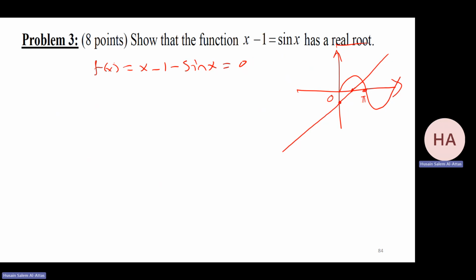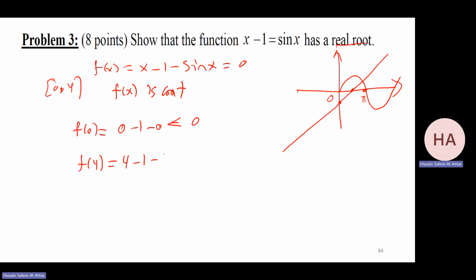Who cares? If it's continuous, f at 0 will be 0 minus 1 minus 0, which is negative. F at 4, for sure, sine cannot exceed minus 2 in this expression, so this will be positive. The function is continuous, so everything is okay, and the intermediate value theorem shows that there is a root.